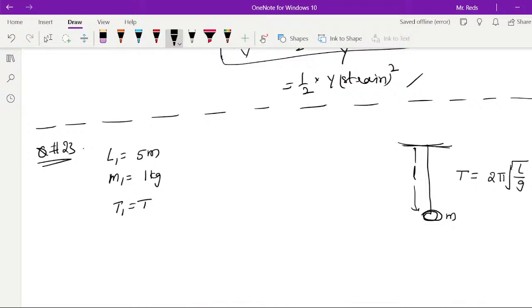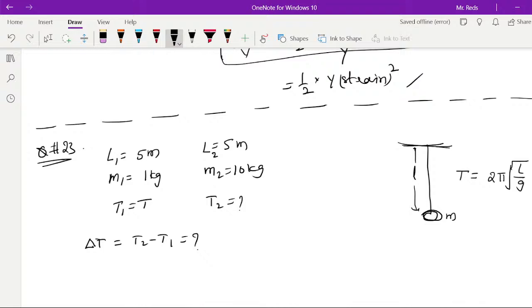Let us take it as T. Now, if the 10 kg bob replaces the 1 kg bob, that is if M2 is equal to 10 kg, the length is the same, L2 equal to 5 meter, then what should be the time period, and hence the change in time period delta T is equal to T2 minus T1.